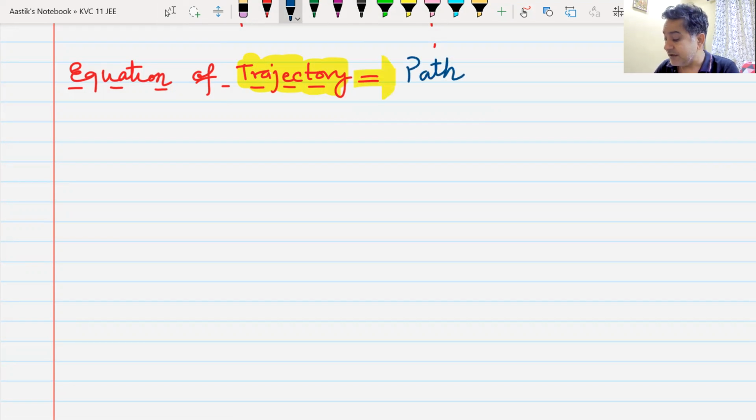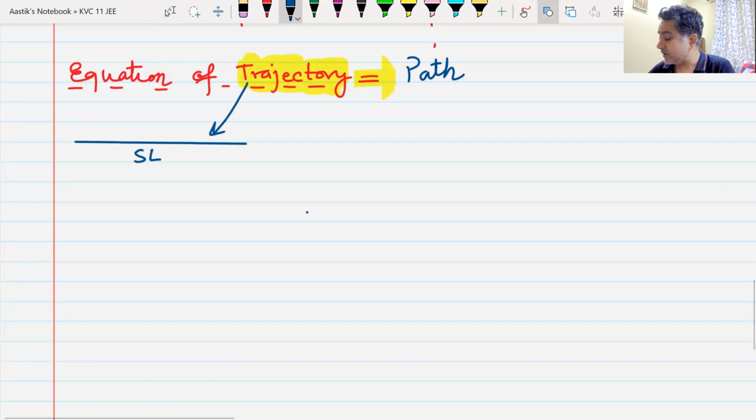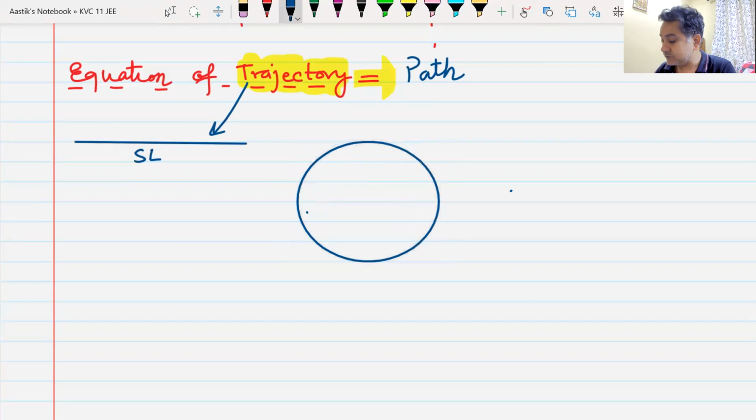For example, if something is moving in a straight line, its trajectory is a straight line. The path that it is following is a straight line. If something is moving in a circular path, circular motion, its trajectory is circular.